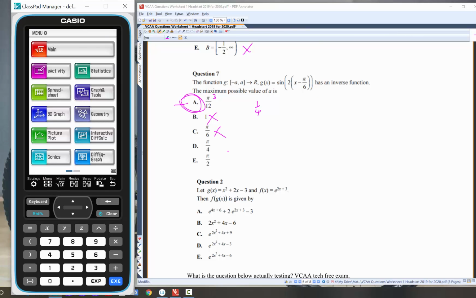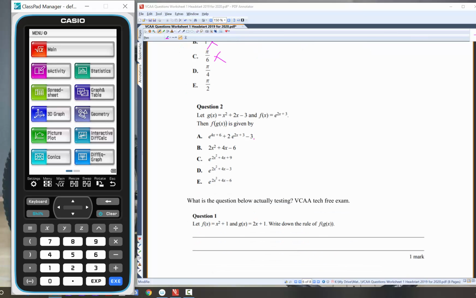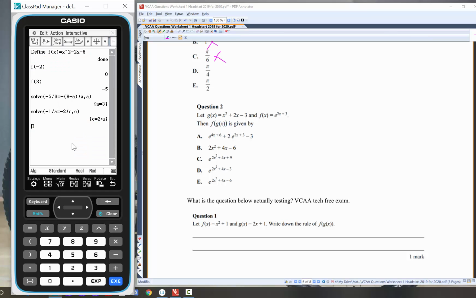All right, this one here, we've got g of x is the quadratic, f of x is the exponential, and they want us to form a composition. Probably pretty easy to just define the two functions. g of x equals x squared plus 2x take 3.